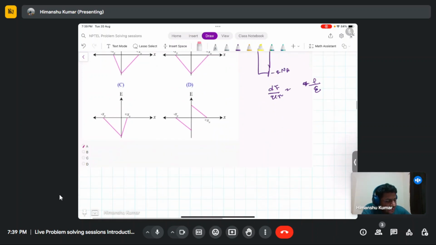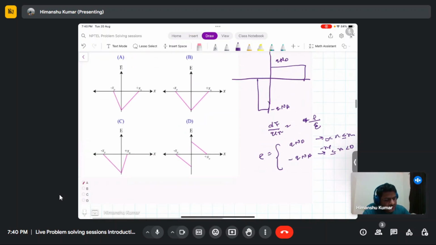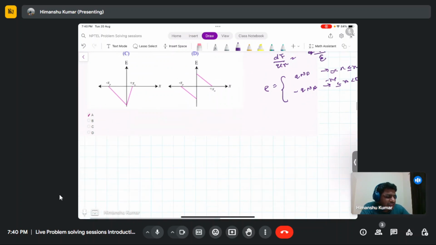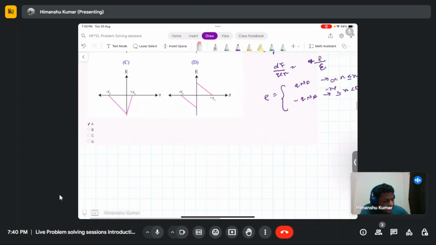So in the charge profile, rho is qND for x greater than 0 and less than or equal to xn, and is minus qNA for x greater than or equal to minus xp and less than 0. So this is minus xp and this is xn. So now we can integrate this equation, dE by dx.